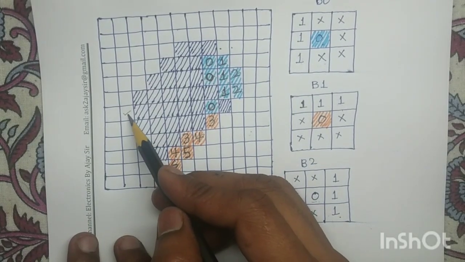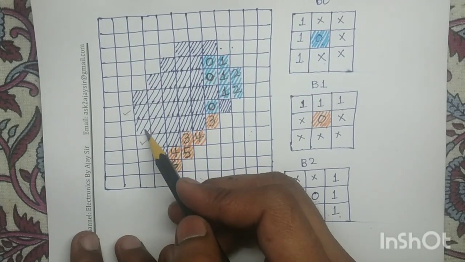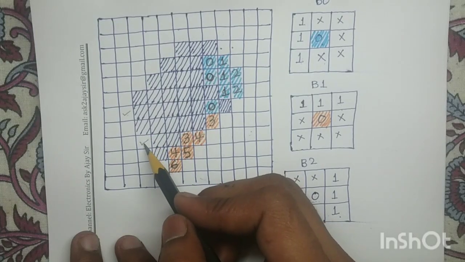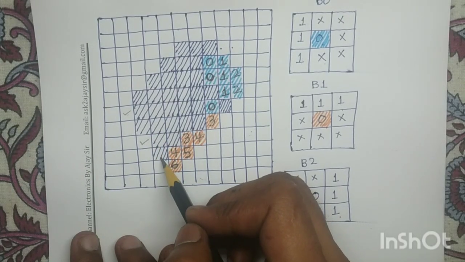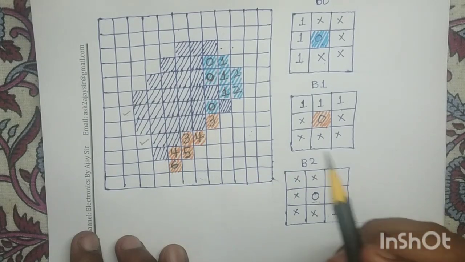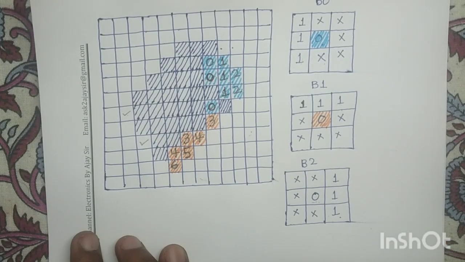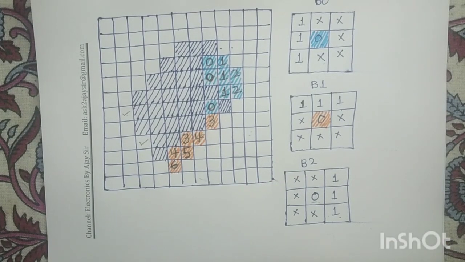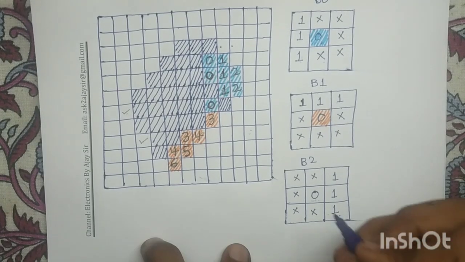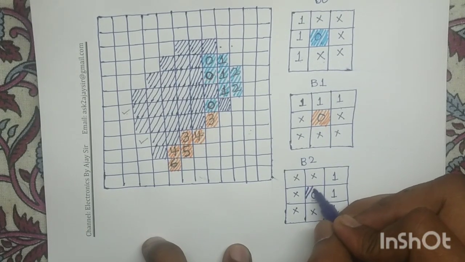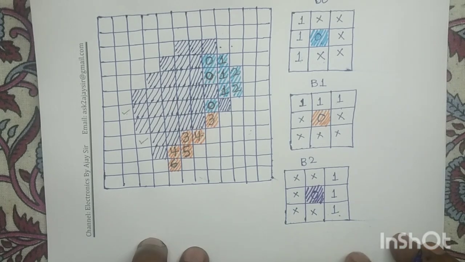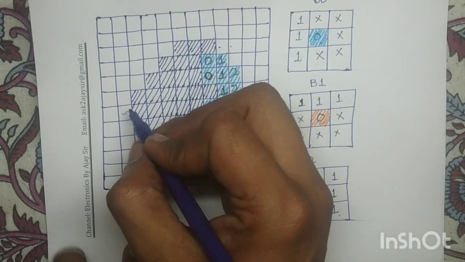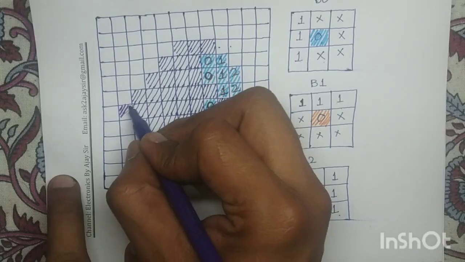Here also the center pixel is logic 0 and these 3 pixels are logic 1, and here also the center pixel is logic 0 and these 3 pixels are logic 1. So for B2 we will use a different color, this purple color. Let me mark these 2 hit points with this purple color.